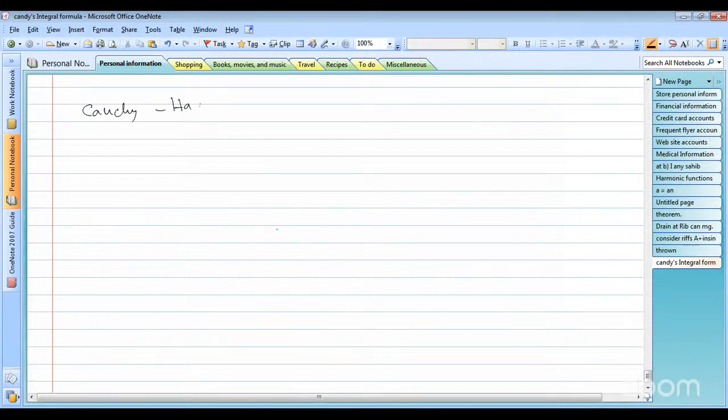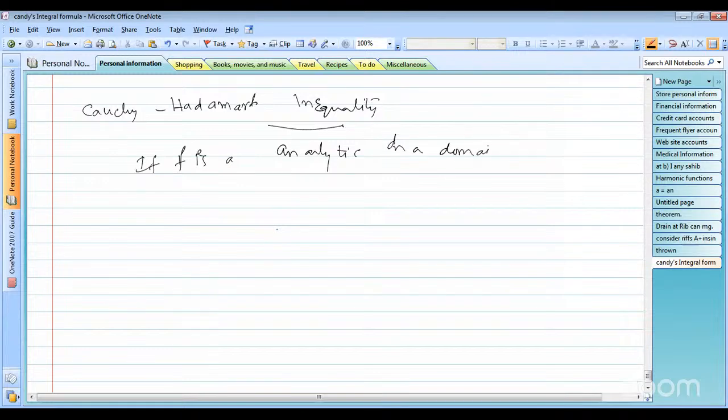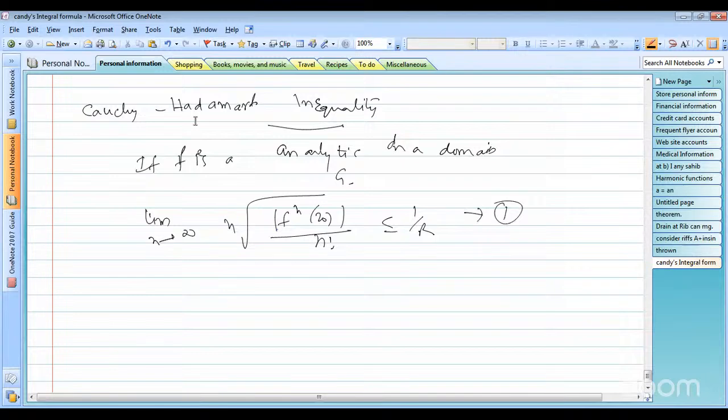Cauchy-Hadamard inequality: if f is analytic on a domain G, then show that limit supremum as n tends to infinity of the nth root of |f^(n)(z0)| by n! is less than or equal to 1 by R. This is equation number one, the given example, for every z0 belonging to G, where R is the distance between z0 and the boundary of G.